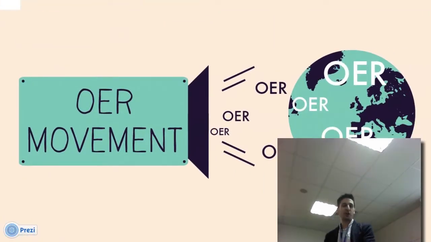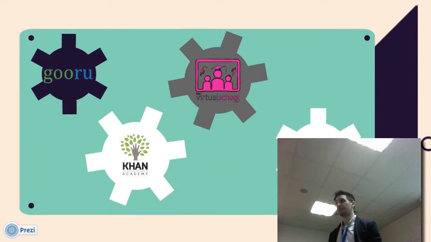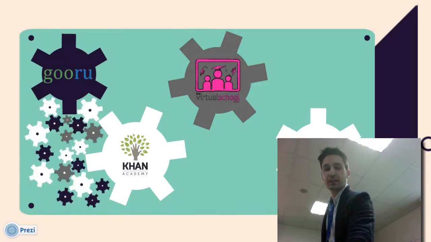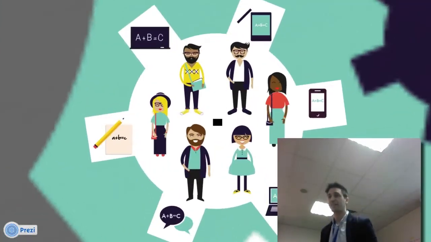The OER movement is a bit like a machine. This is the machine blasting OER to the world, and you have these big cogs, which are the organisations that I told you about. But this machine wouldn't work without the smaller cogs to make it run. And these smaller cogs are the teachers.